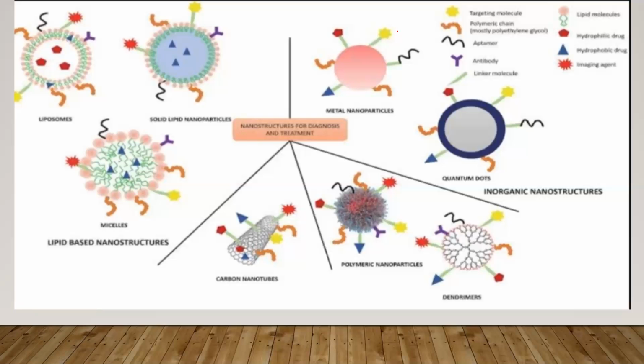Some of the important examples of drug delivery systems are in cancer therapy, insulin delivery, and treating Alzheimer as well as Parkinson disease.